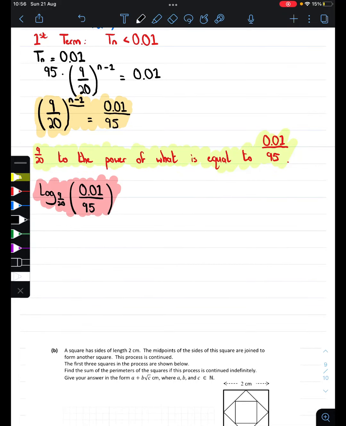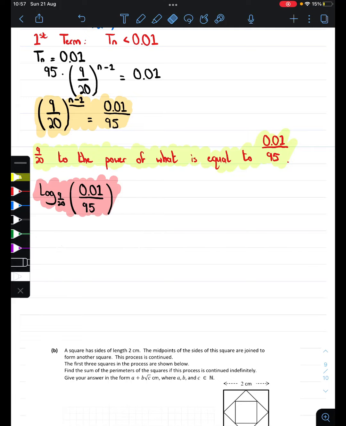So for example, our natural log, ln, or log base e of, let's say, 2, is the question: e to the power of what equals 2? That's how the logarithm is defined.